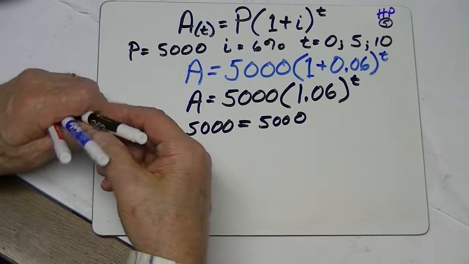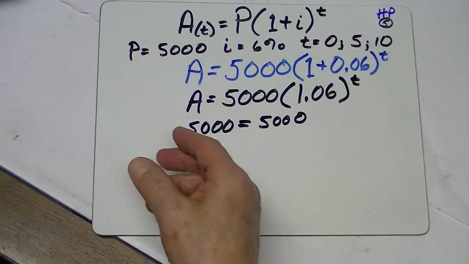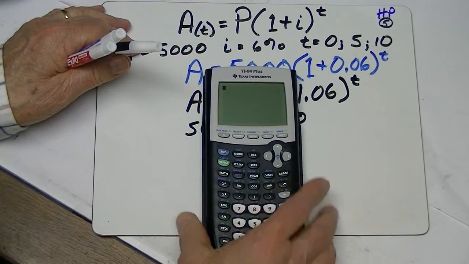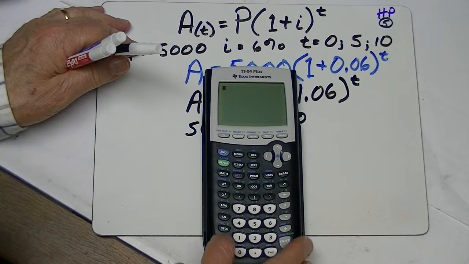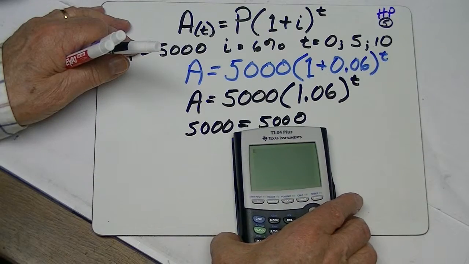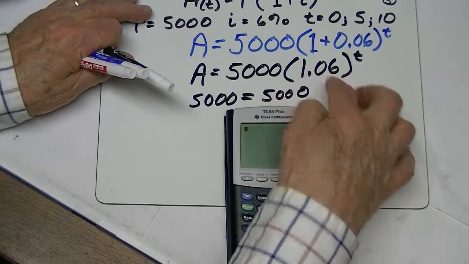Now in the next few, again, you're going to use your calculator, so just happen to have mine here. We'll turn it on, and we're going to place it, raise this up a little bit, 0.06.